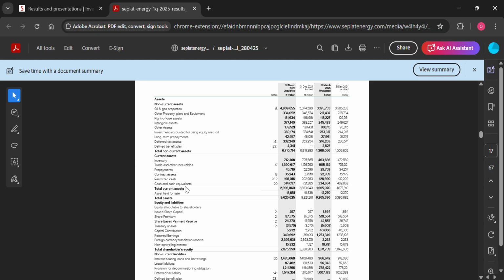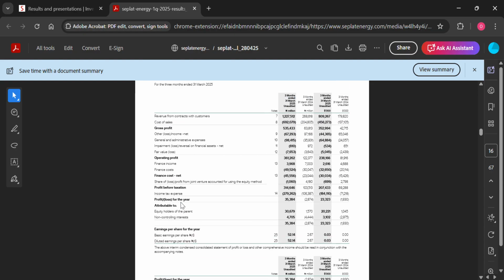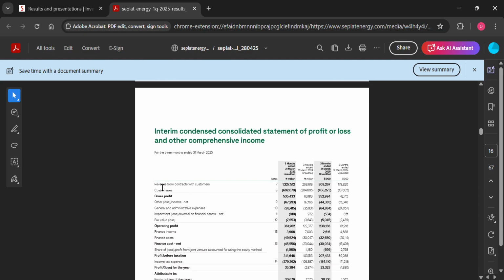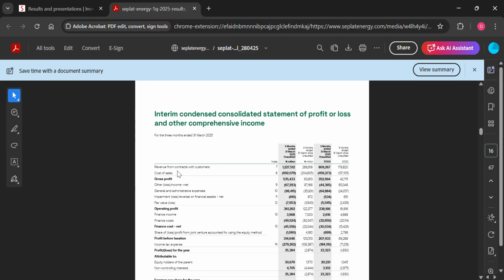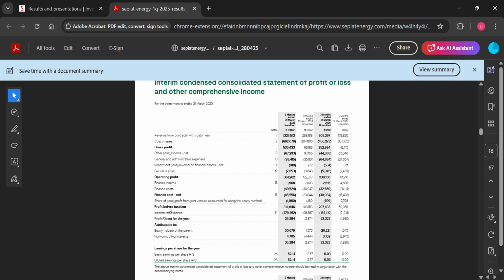Elements this time around, not components now. We have the assets, we have the equity, we have the liability, we have the revenue, and we have the expenses. So what do these terms refer to?